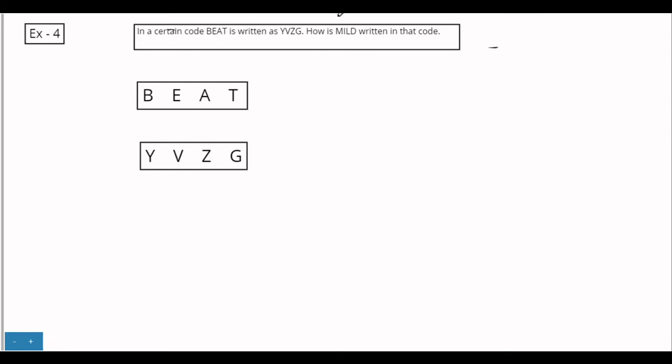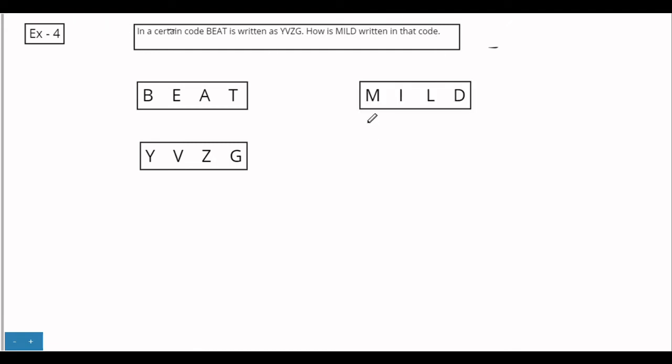E is fifth from the first and V is fifth from the last. In the same way, A is first from the first and Z is first from the last. T is 20th from the first and G is 20th from the last.